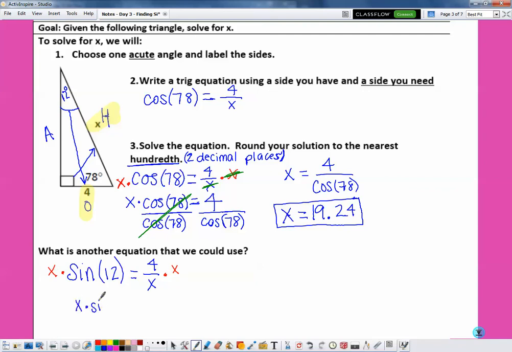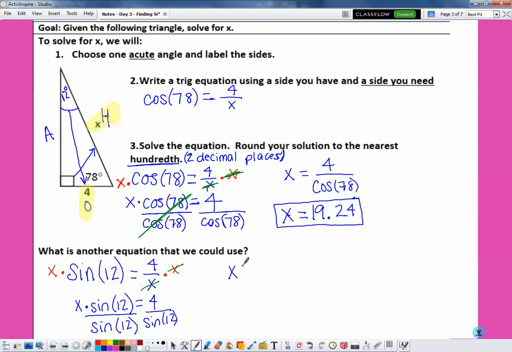times sine of 12 equals, these x's would cancel out, so it equals 4. And then to get x completely by itself, we would divide by sine of 12.